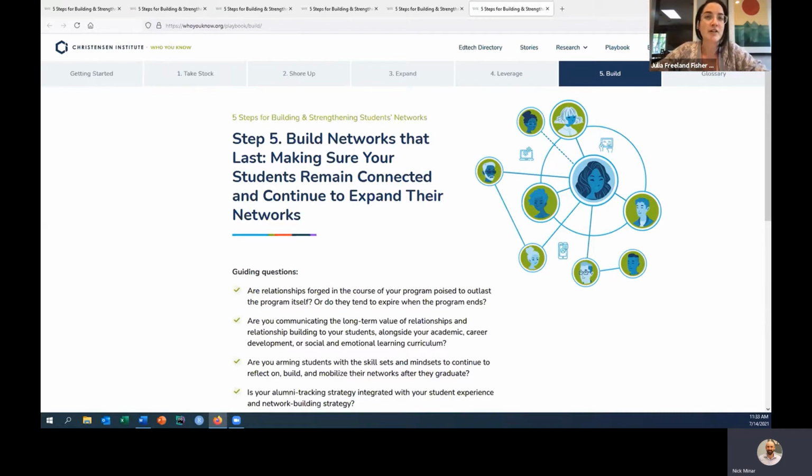There are two alumni plays that have come across my radar in the last year. One is that Big Picture Learning acquired a tool called Alumni Toolkit, which is a tech infrastructure to help them actually mobilize their alums, particularly to think about alums as sources of mentorship and internship opportunities.